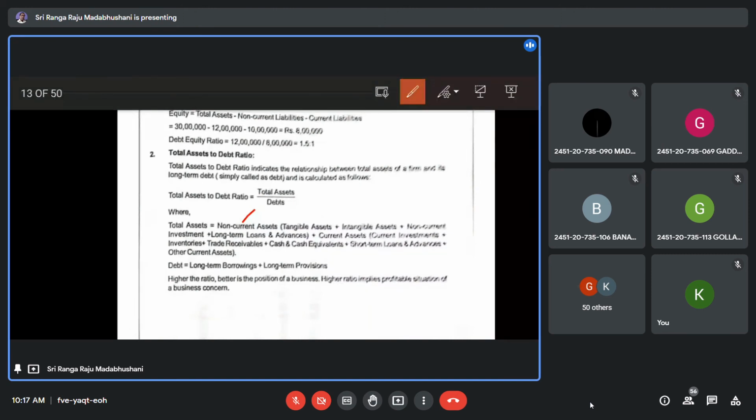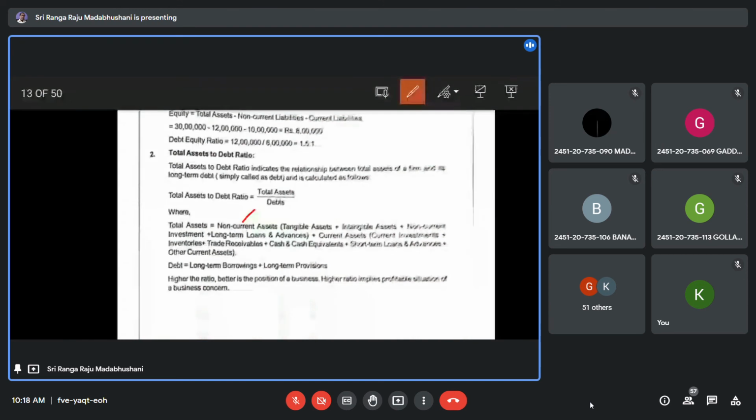If any preliminary expenses are given, then you have to subtract them, or if any accumulated depreciation is given, that should be subtracted. All these are expenses, but they had shown them as assets on the asset side. Then debt means long-term borrowings and long-term provisions, as we had seen just now.